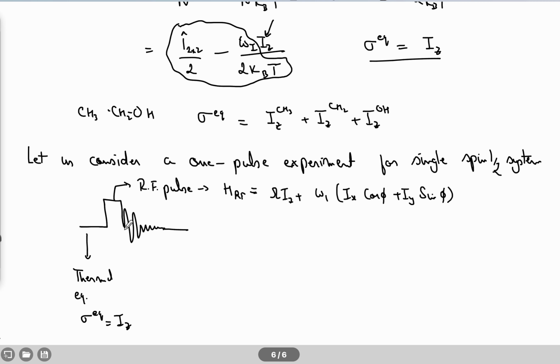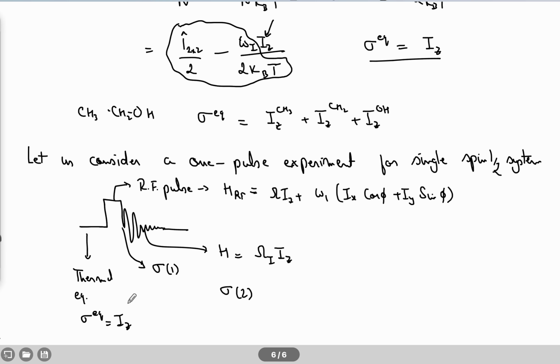After this RF pulse, the density matrix will evolve to, let's say, sigma 1, and during the acquisition time the Hamiltonian will be, in this case there is no spin-spin coupling, so only the chemical shift Hamiltonian, which is omega I Iz. And at the end of this, the density matrix will evolve to sigma 2.